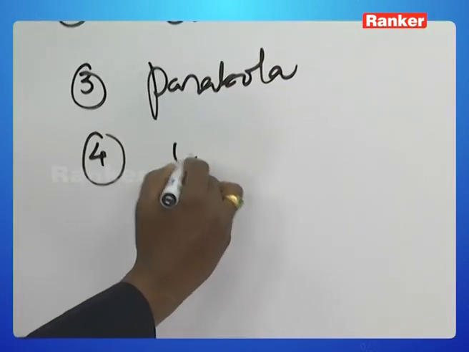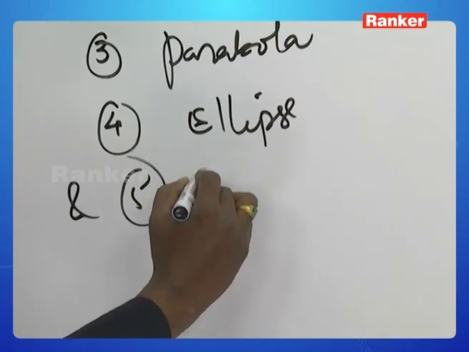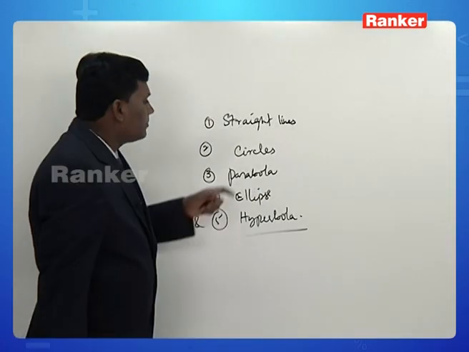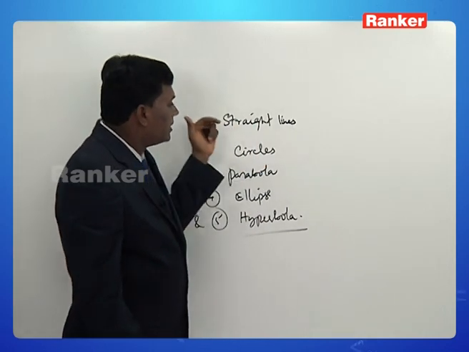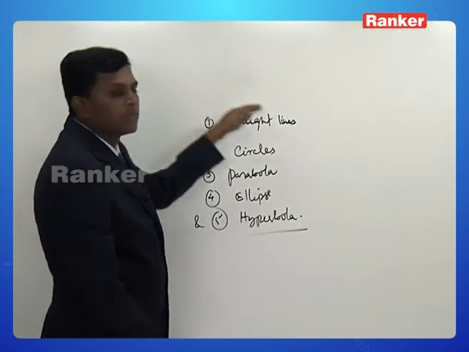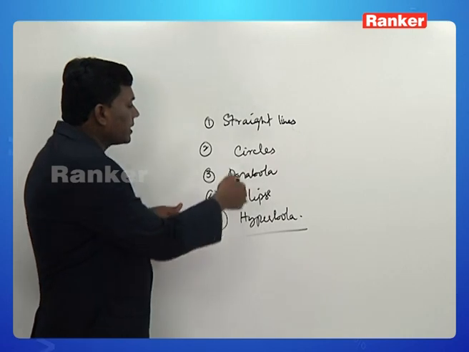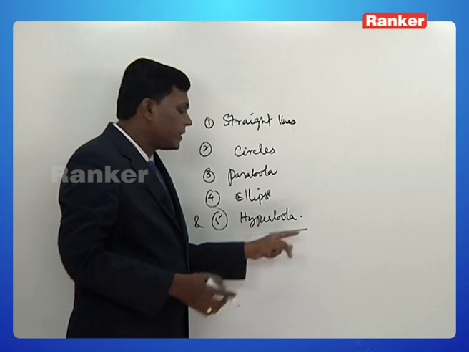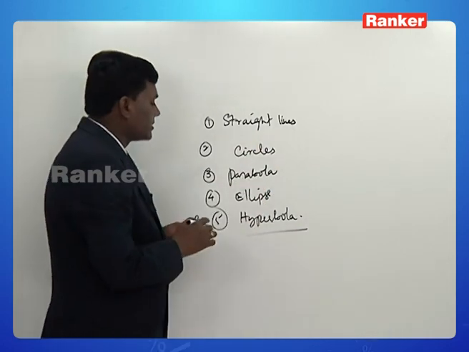After that, we can discuss about ellipse, and we can also discuss about hyperbola, various cases. The entire plus 1 plus 2 geometry covers these 5 important areas, starting from straight lines to hyperbola. Even in hyperbola, other parts also, rectangular hyperbola, special case also we discuss.